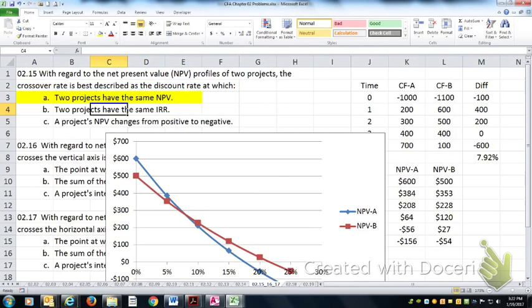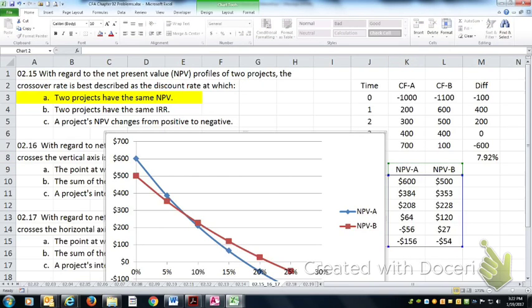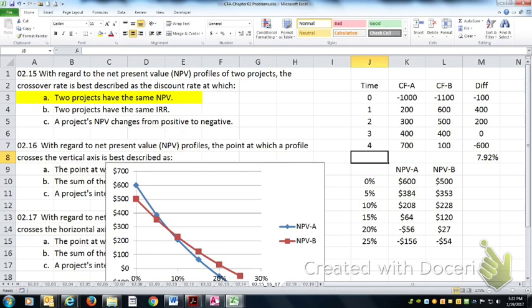Alright, now the IRR for both of the projects is what the IRR for the projects is. And we can calculate the IRR here. The IRR is different for these two projects, okay? They don't have the same IRR.